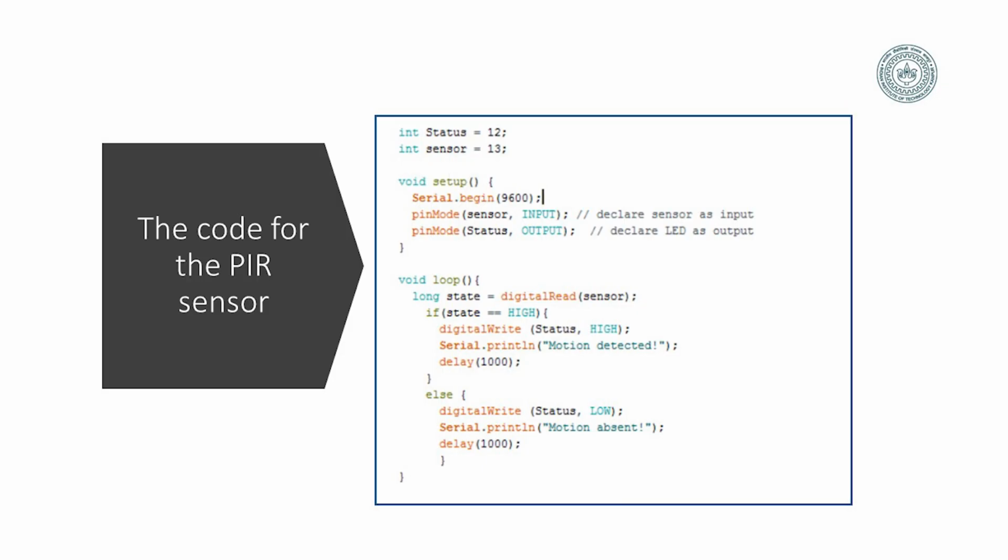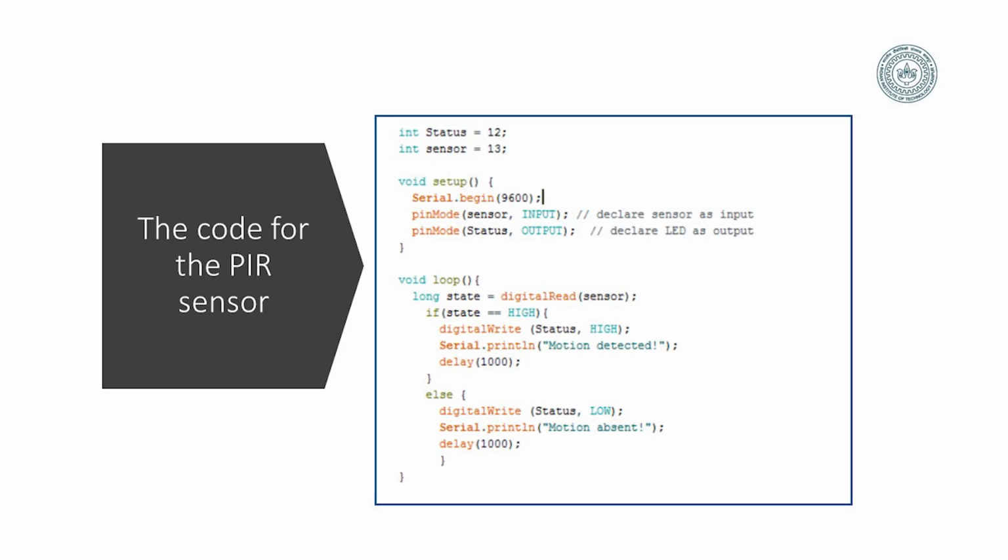For this particular board, the 8266 board, 9600 is the baud rate, and then you set the sensor as input. This variable is where you are getting your input, whether there is motion or not, and then the LED is throwing out the output.